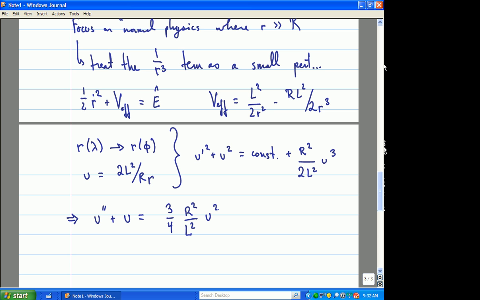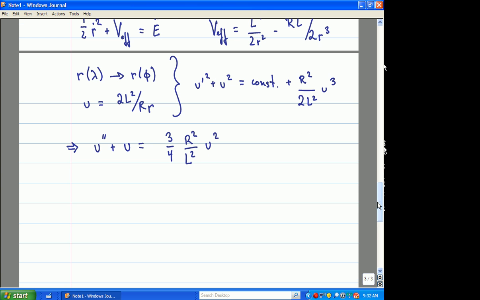So this is exactly the same equation that we had last time for the motion of time-like geodesics. The only difference being that last time, on the right-hand side of this equation, we had 1 plus 3/4 r squared over L squared times u squared. So the only difference with the time-like case is that there is no constant term which appears in this equation of motion.